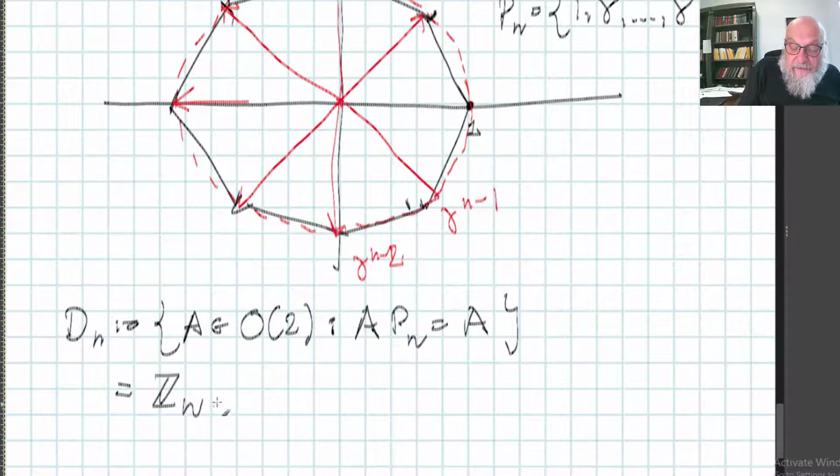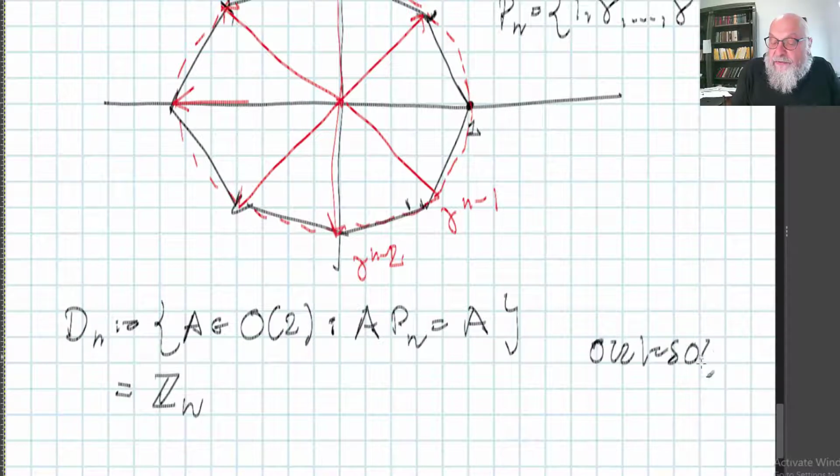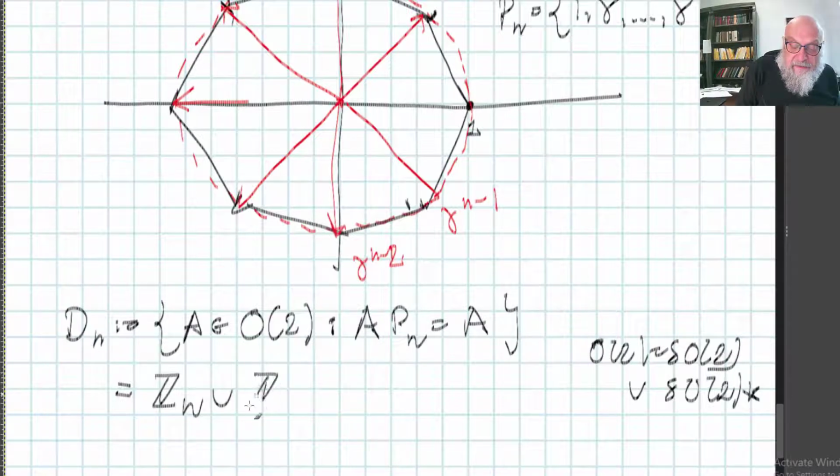This will be actually a Zn. If you use the identification O2 is equal to SO2 union SO2 kappa, so it will be exactly the Zn union Zn kappa.